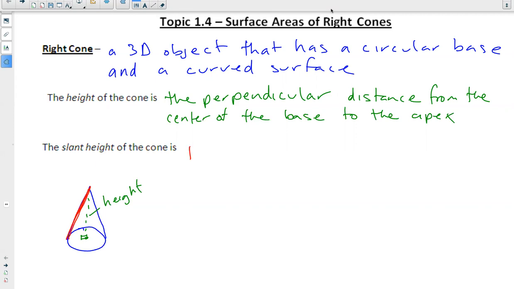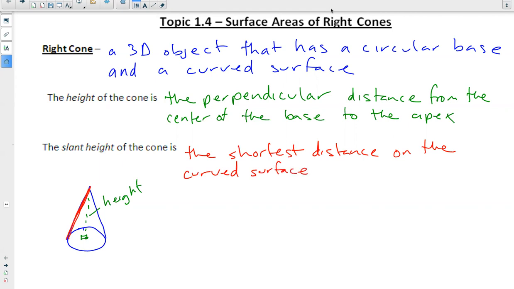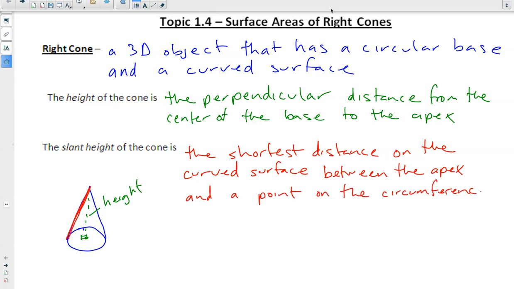This is the shortest distance on the curved surface between the apex and a point on the circumference of the base.